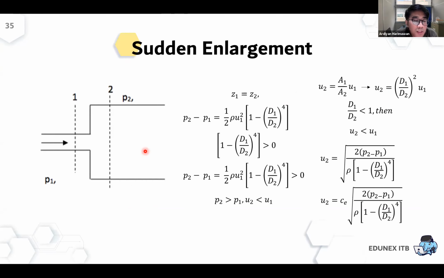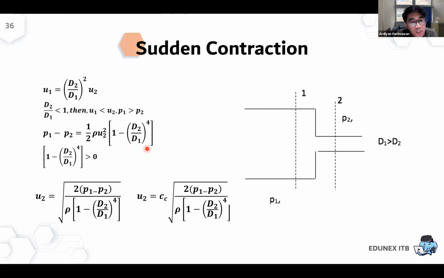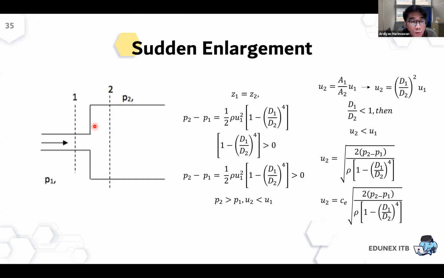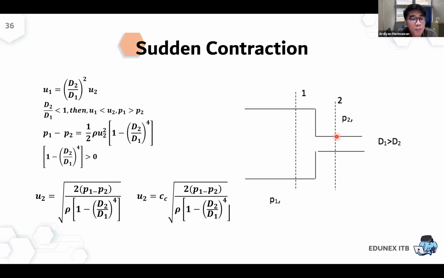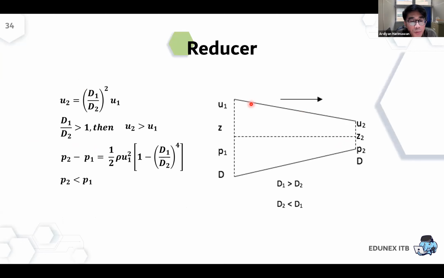The energy loss from sudden enlargement or sudden contraction is higher because you will have more pattern change when the fluid comes from either smaller to bigger diameters or from bigger to smaller diameters, because the change is sudden. So the change in flow pattern is also sudden, and it will create more energy loss to the system compared to a diffuser or reducer, when the diameter change is more gradual.